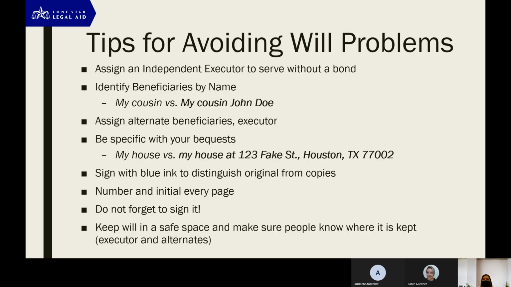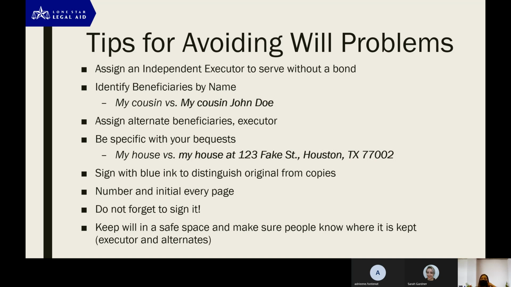What are some of the tips to avoid will problems? As previously stated, you want to assign an independent executor to serve without a bond. You want to identify beneficiaries by name. So if you want to give your car or your house to your cousin, do not say my cousin and just continue with your disposition.